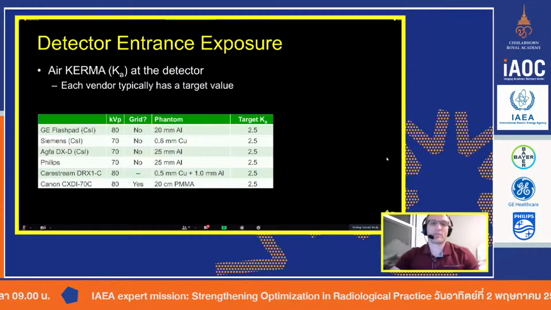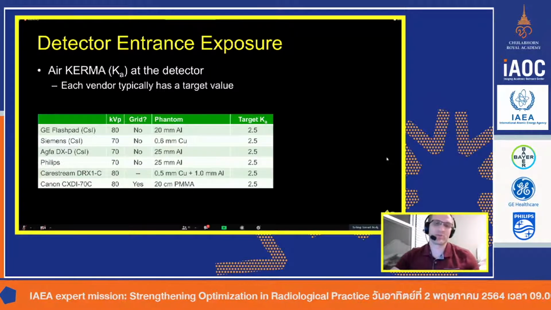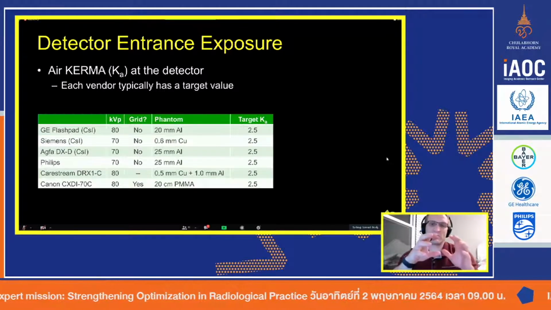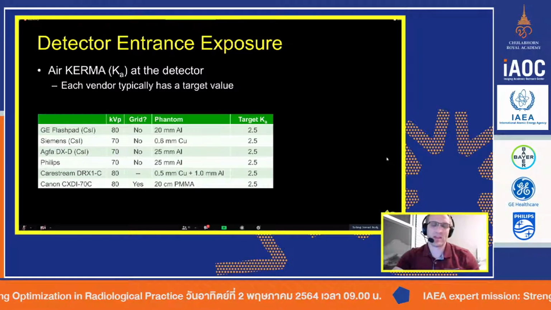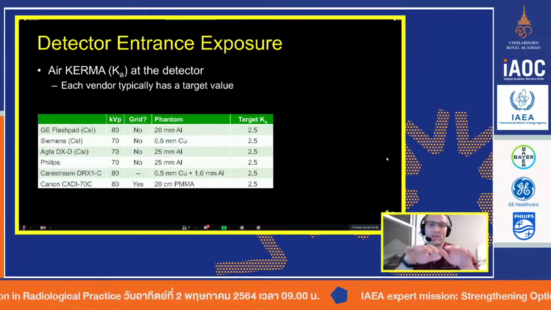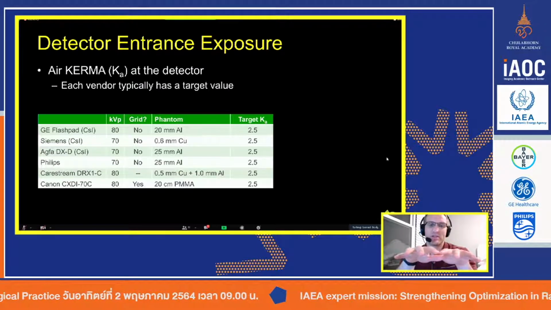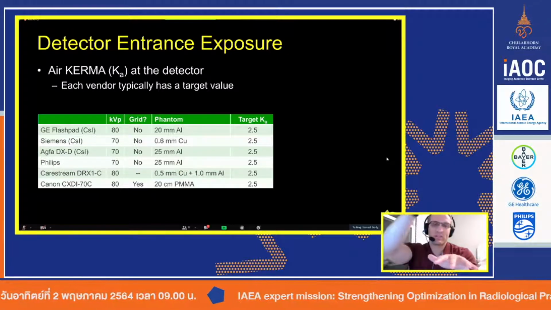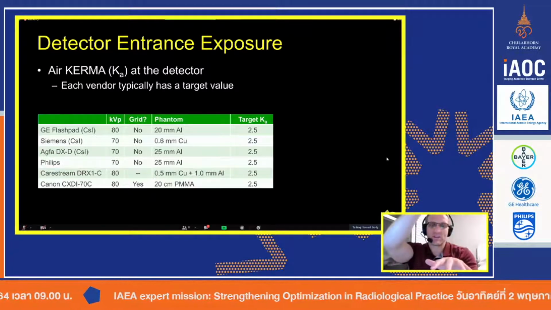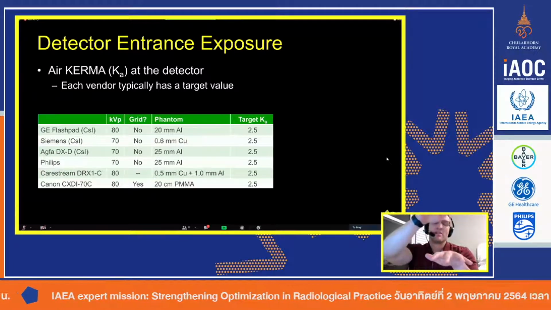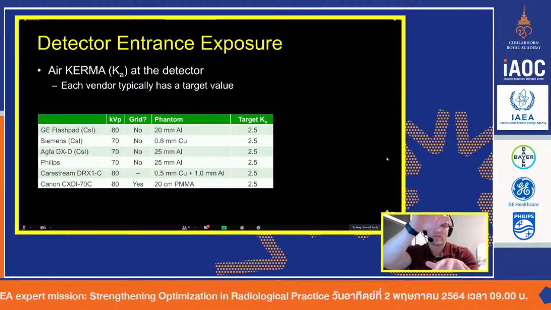So the very first one, and probably one of the most important things we do every time we set up an X-ray machine, is we need to make sure we get the right amount of photons or X-rays at the detector. Now, obviously, there's a patient inside that beam, so you got the X-rays coming out of the X-ray tube. They have to pass through our patient.